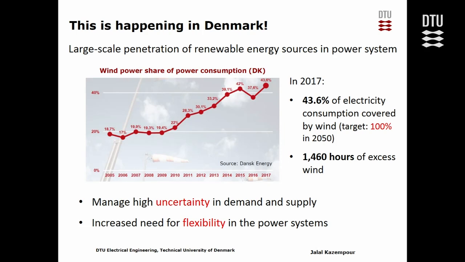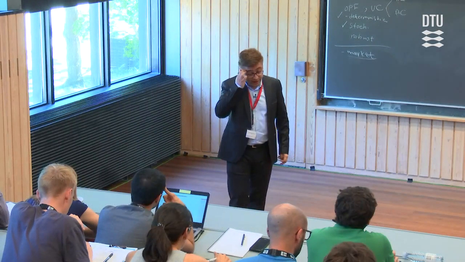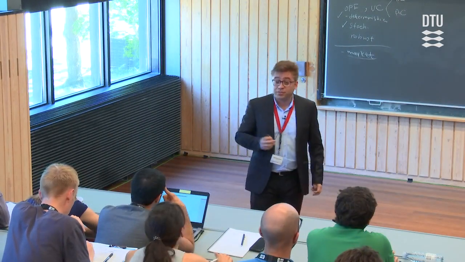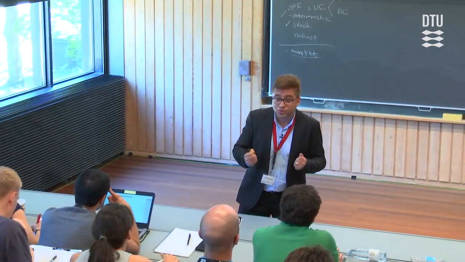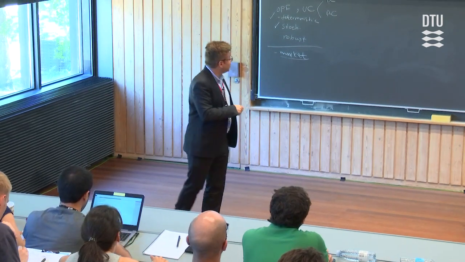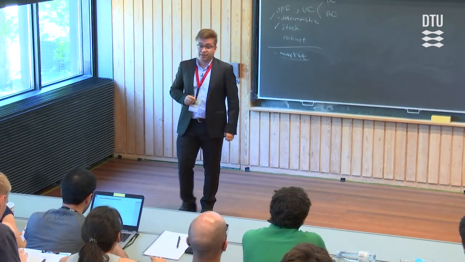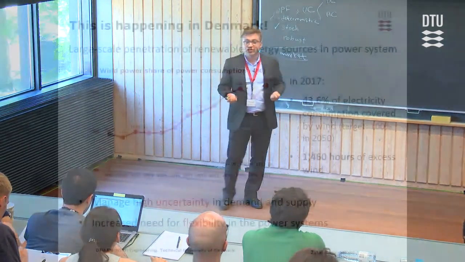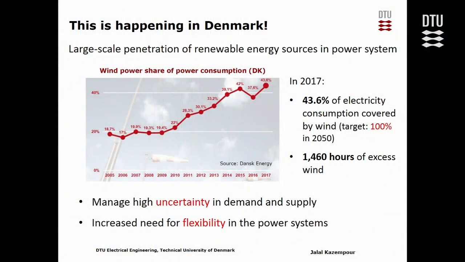But when we talk about wind, of course, we should also think about the uncertainty, right? Higher wind power penetration means that we need stronger tools to be able to manage uncertainty. And of course, it means that we need more flexibility. We need more flexible resources in our power system to be able to integrate more wind power in our power system.